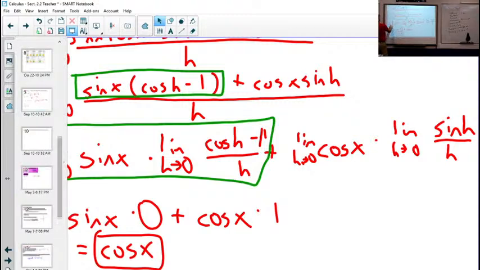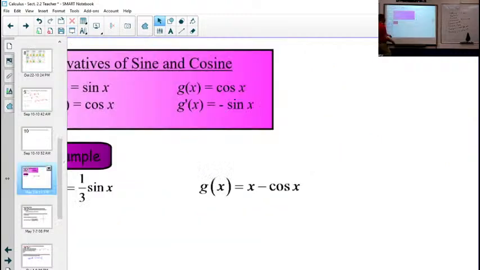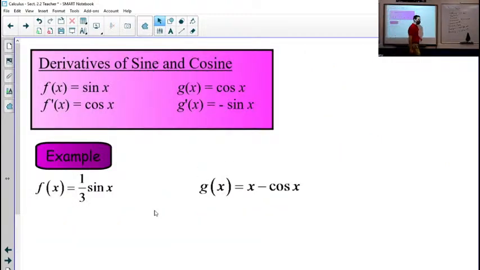And so the derivative of sine of x is cosine of x. And then the derivative of cosine of x is negative sine of x. Derivative of cosine is negative sine.